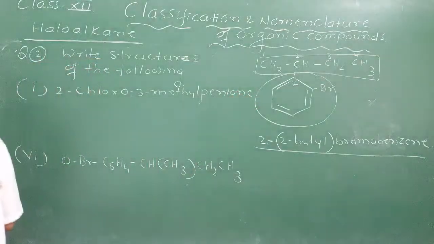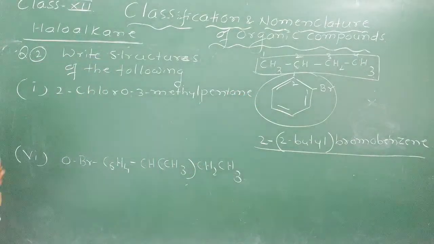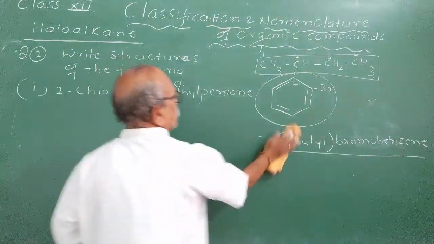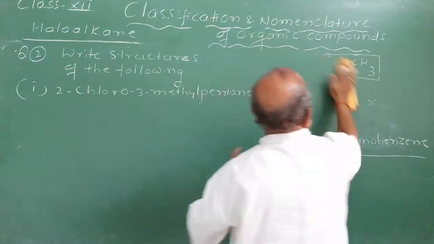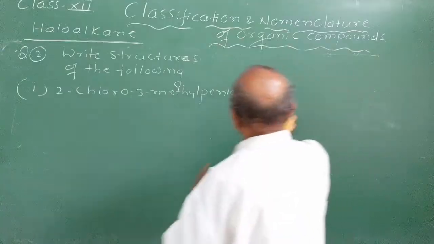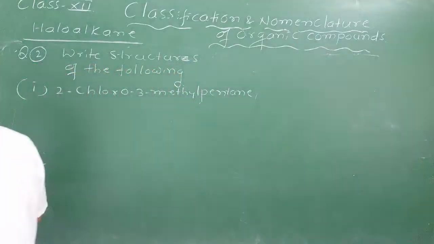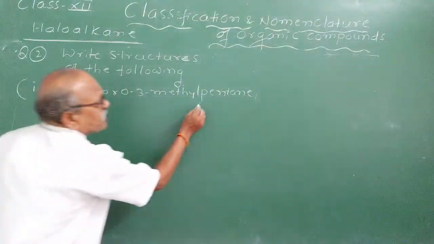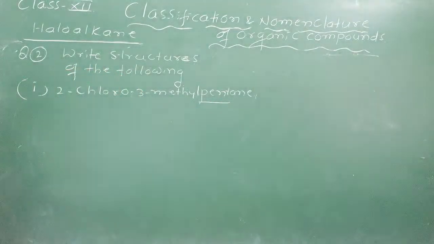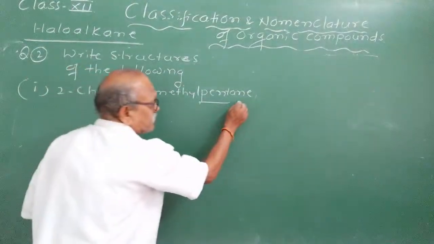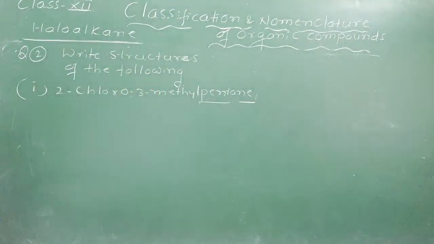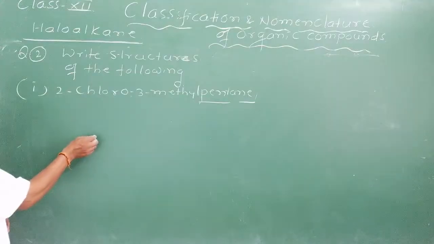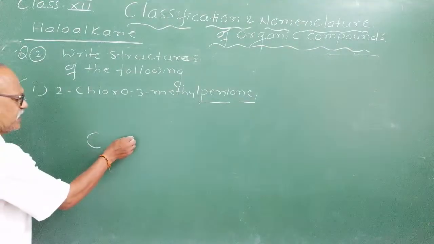See, I will explain how to write the structures. First of all, whenever you want to write, you have to identify the root word. Root word is pent. Observe the suffix. Ane means single bond. It means you have to write 5 carbon atoms continuously, side by side.